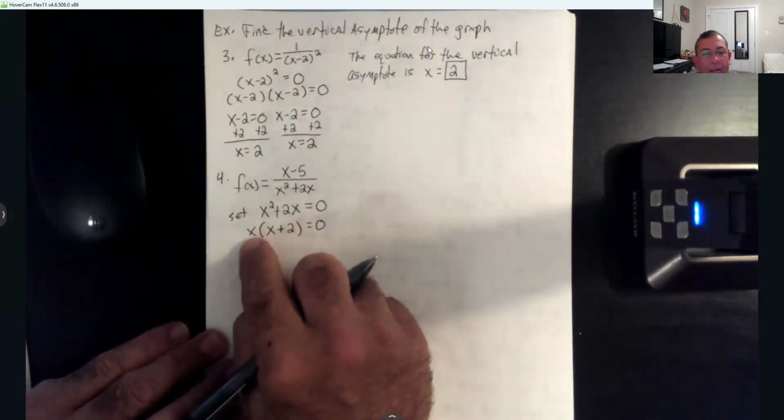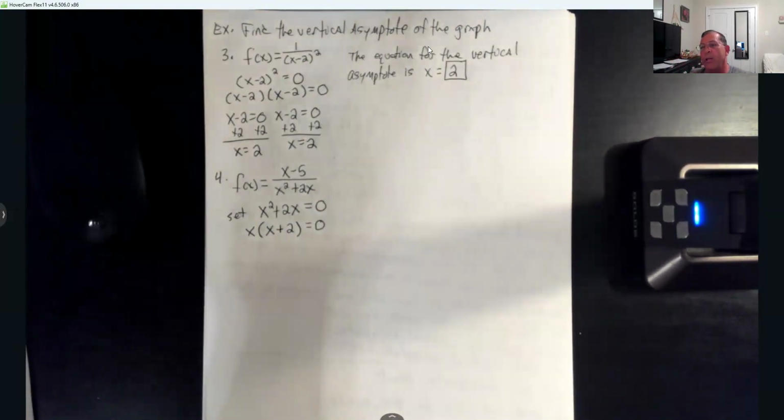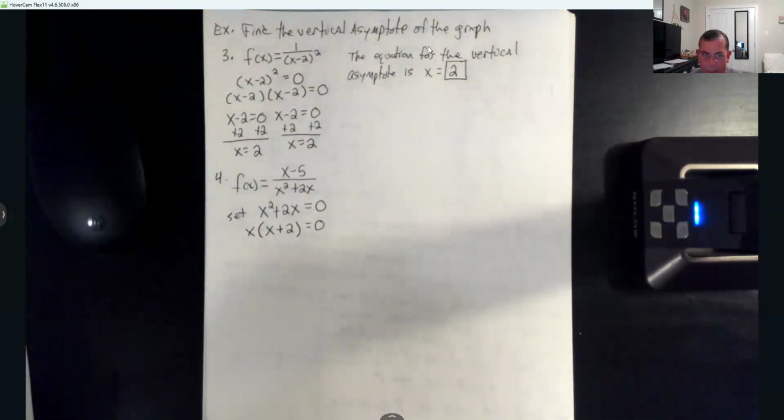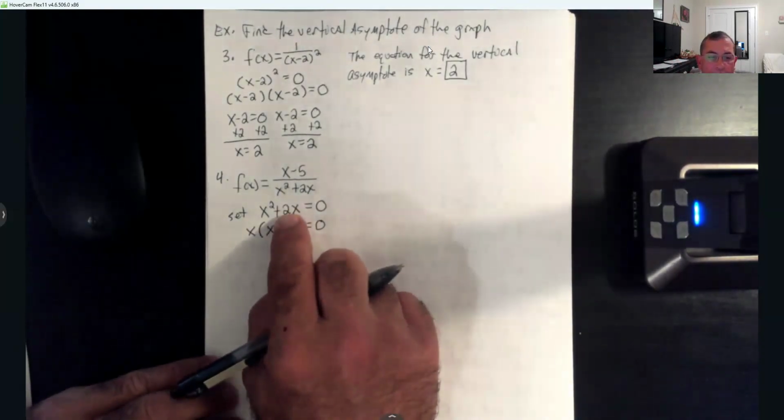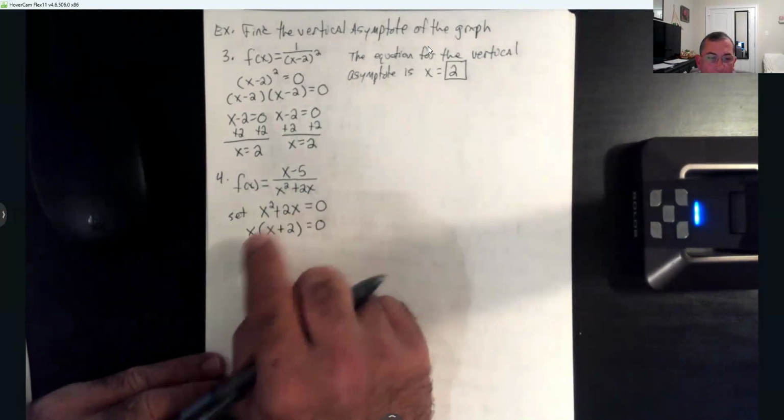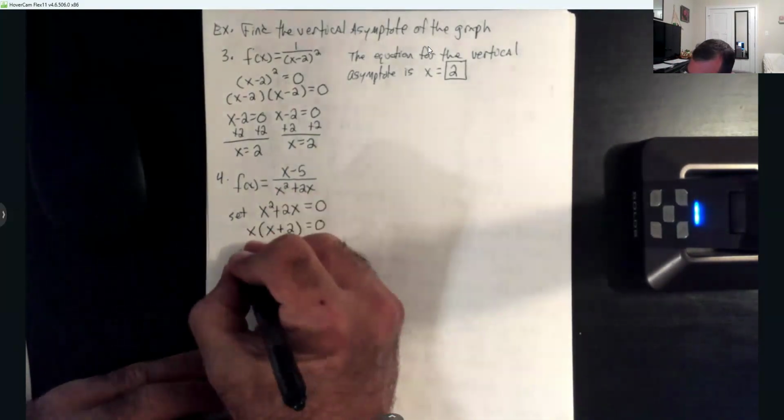So when you factor out a greatest common factor, you're sort of undoing the distributive property, okay? That's the easiest way to factor this one. And y'all, at that point, I can set both these equal to 0.